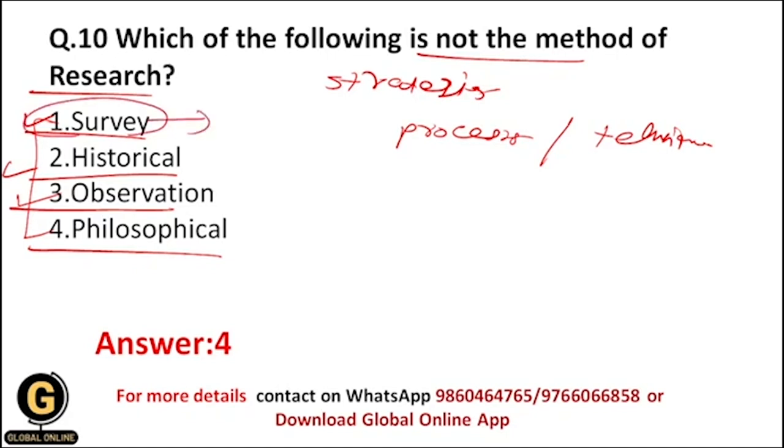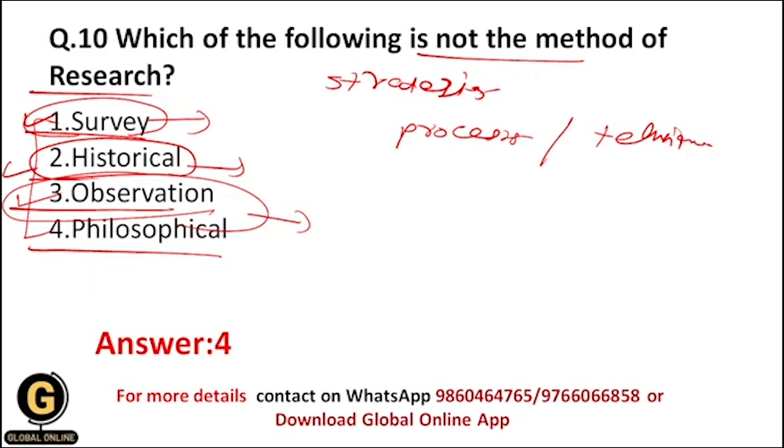because within the survey we can ask questions to the respondents and respondents give us the answers. Within the historical method of research, we can collect data from the past, through people in the past, or through pictures or videos which are recorded. And observation is the most used data collection method in different kinds of research types, right?